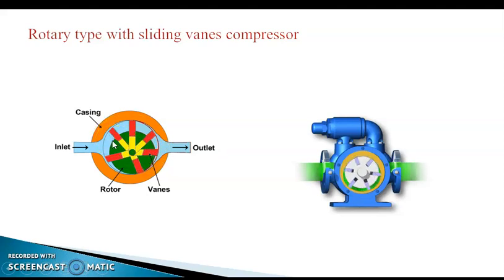First, let's learn the different components or parts of this rotary type sliding vane compressor. These are the vanes, sometimes called blades, and this is the rotor, this is the intake port, this is the outlet or discharge port, and this is the casing.